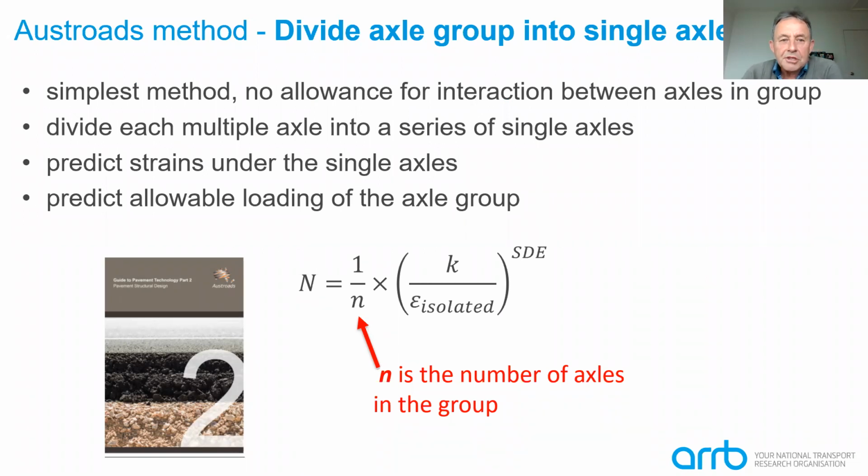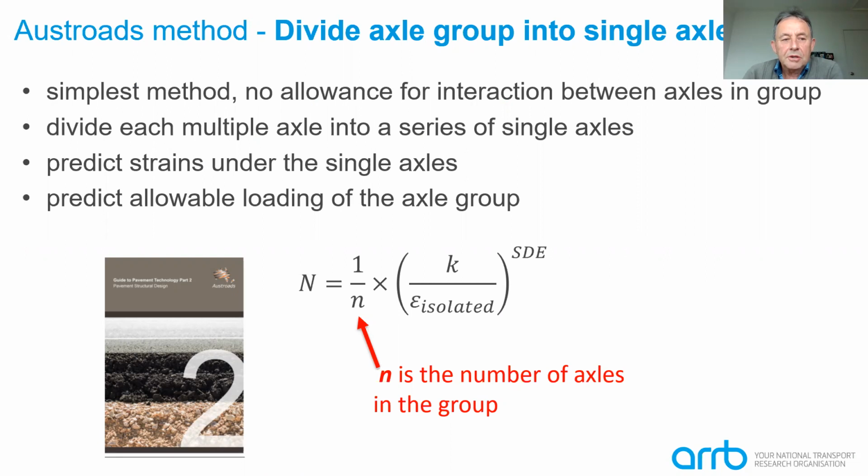From that thesis, Austroads decided to adopt a simple method, and it was a conservative method. It was to divide the axle group into single axles. It makes no allowance for the interaction between axles in the group.